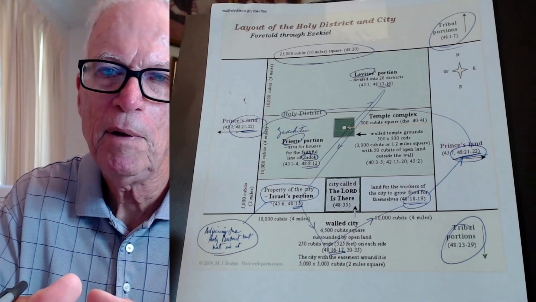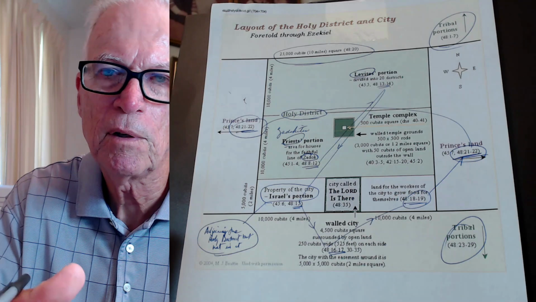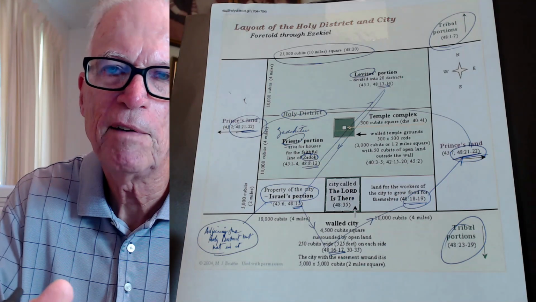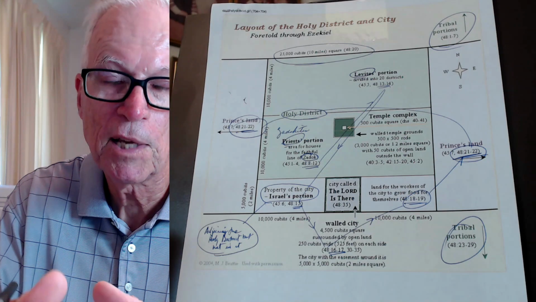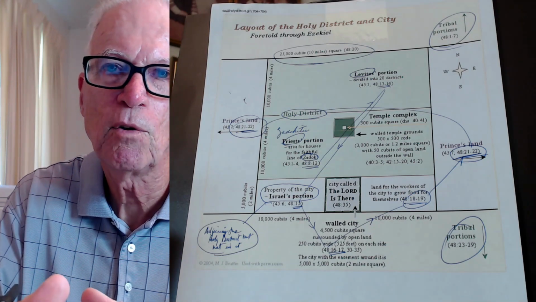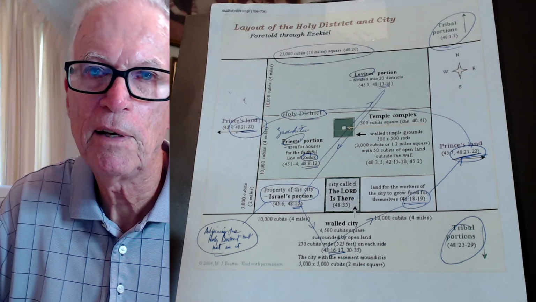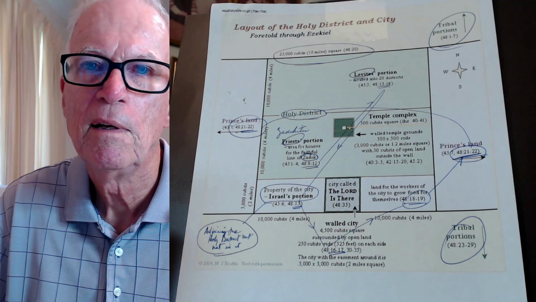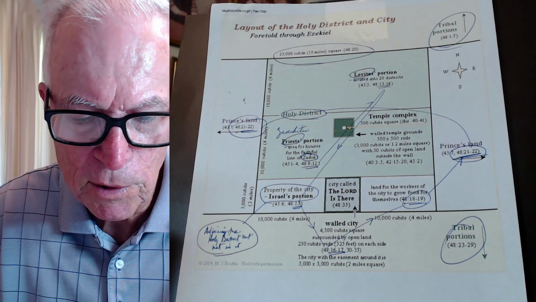It's a time of 1,000 years where we will be here under the rule of the Messiah as King of Kings and Lord of Lords. Israel will be ruled by the resurrected King David. All right, but it's not the new heaven and new earth. It's the Millennial Kingdom.